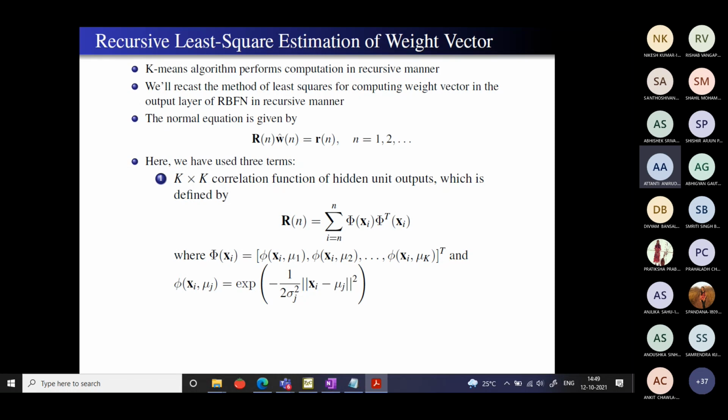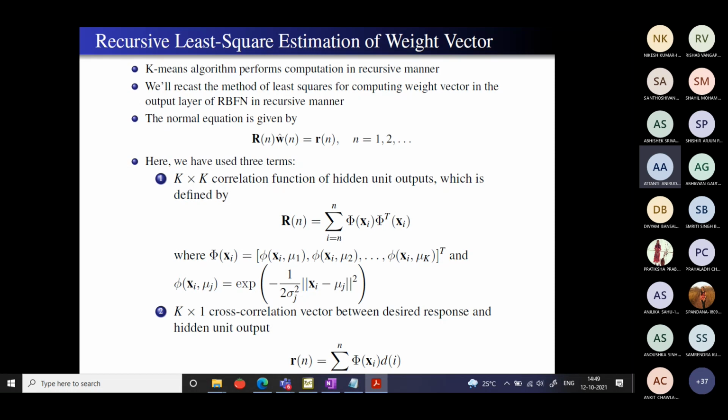That is the cross-correlation, which we denoted by this: rn equal to summation i equal to 1 of phi xi times the desired output. The output of phi xi is the output of the hidden space, and you find a cross-correlation between the two. So this is rn, and w is the unknown weight vector, which is optimized in the least square sense. We know what we mean by least square sense.